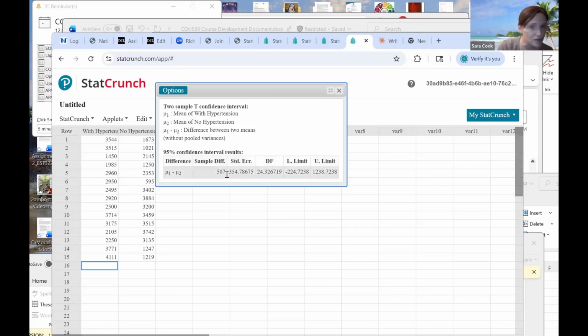Even though if we were just to blindly compare the two means, we could say, oh yeah, women with hypertension have babies that are 507 grams heavier than those who don't. Well, that could just be random sampling error. And we don't want to make an inference about a population based on this information because we just don't have enough data. This difference isn't big enough, okay?